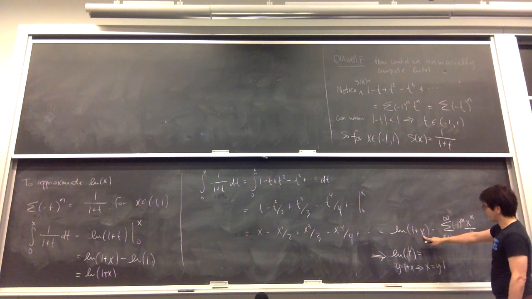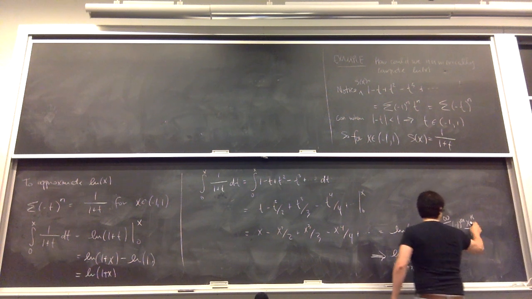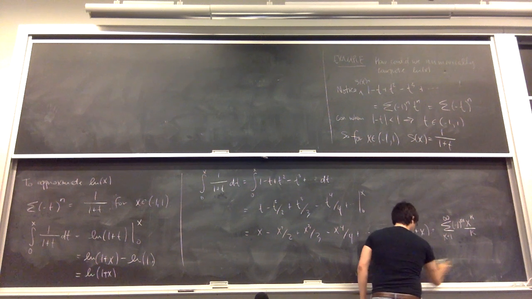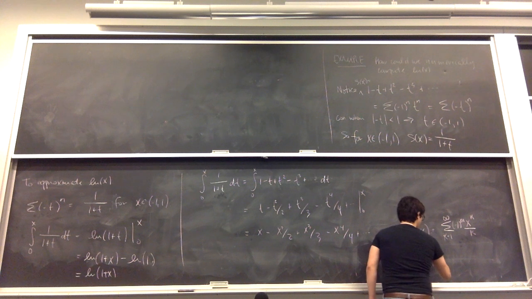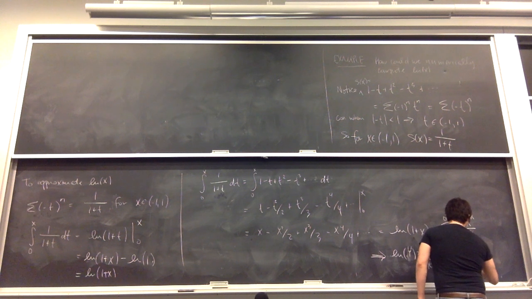So if I put y minus 1 in for x, you're going to get ln y. I got to put y minus 1 into there. k equals 1 to infinity of (-1)^(k+1) (y minus 1) to the k over k.